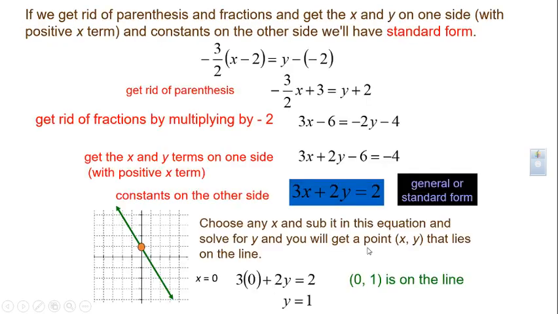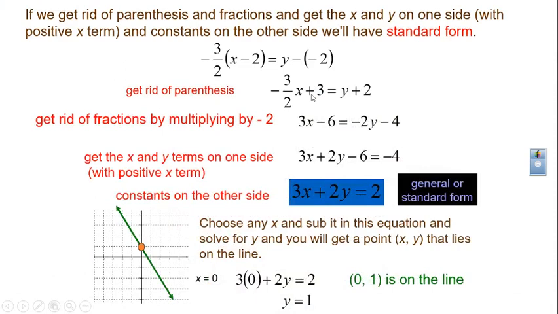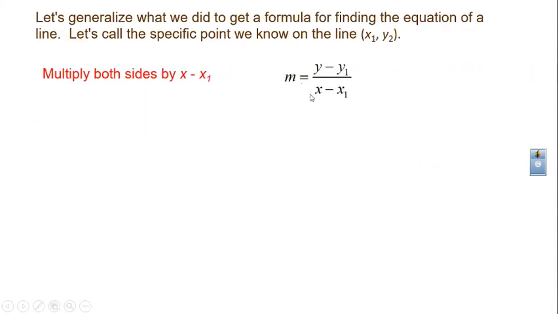All right. So this is one form of the equation of a line called standard form. And I mentioned something about point slope form. Let me back up here a bit.